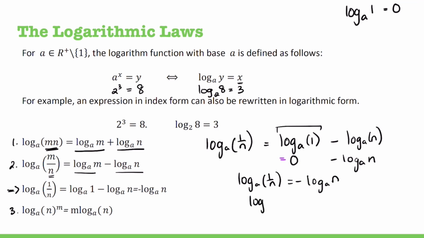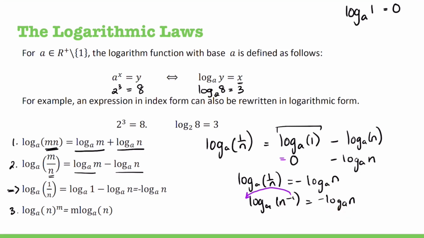Well, I can rewrite 1 on n as n to the power of negative 1. And so what do we notice? The relationship is here. I've just taken the power out the front. And so instead of having to do all of these steps to get to this answer, I can just use this concept that I can take the power out the front of any value on the inside, and that is an equivalent logarithm.